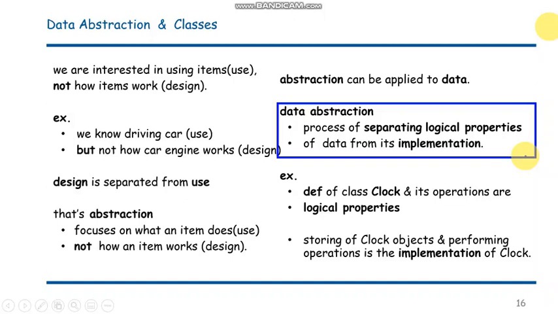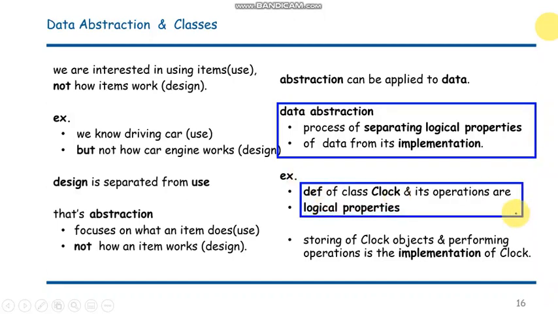Now see, when we defined the class clock, it had member functions print time, get time, set time, and member variables hour, minute, second. That definition, those are logical properties.